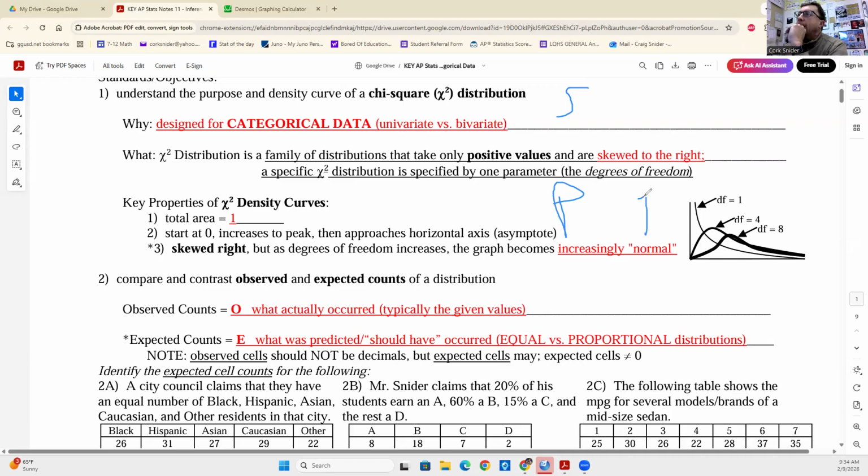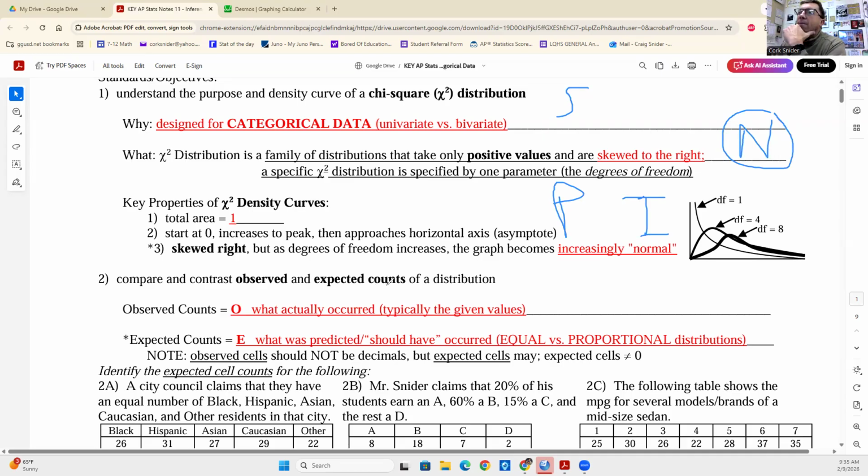The I in SPIN is, of course, independent. That's the same old thing, okay? And then the N in SPIN is not for normal. It's different. You want the number in the expected category to be all bigger than 5.